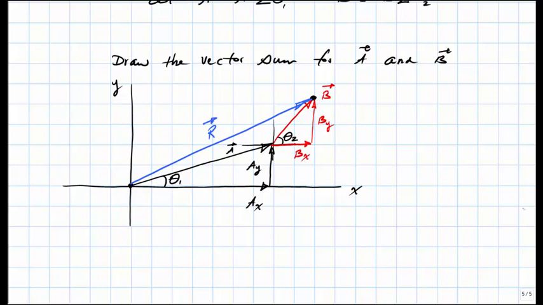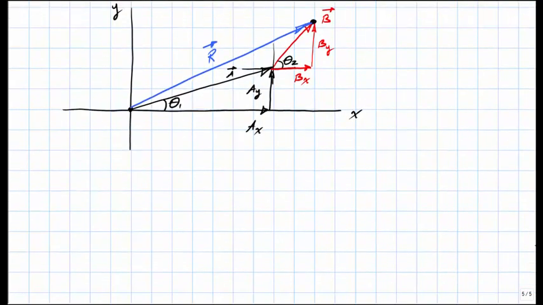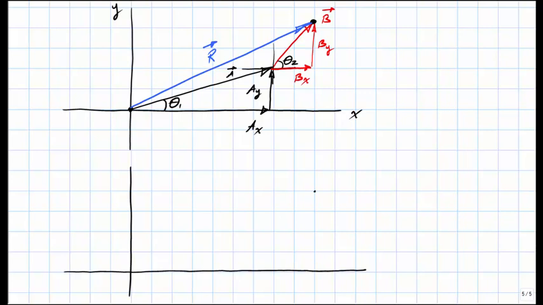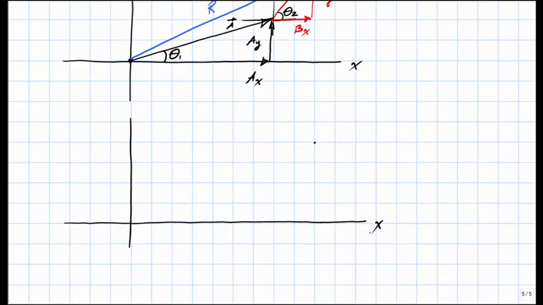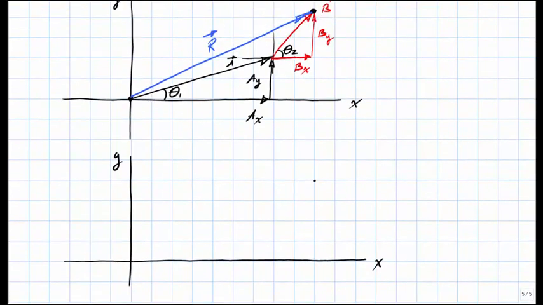What I'd like to do now is to isolate vector r in its own diagram. So let's again repeat this Cartesian coordinate system, but only show vector r. So I've reproduced the Cartesian coordinate system. This, of course, is x and y. And now I'm going to reproduce the vector r. There it is.